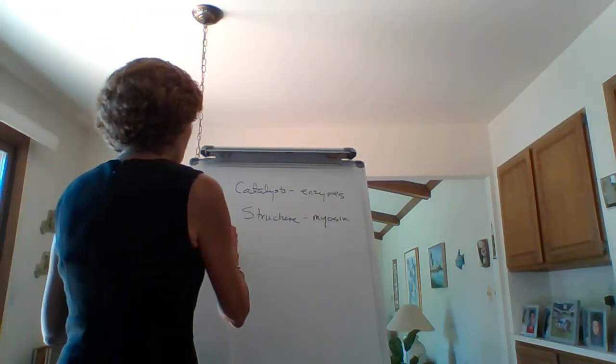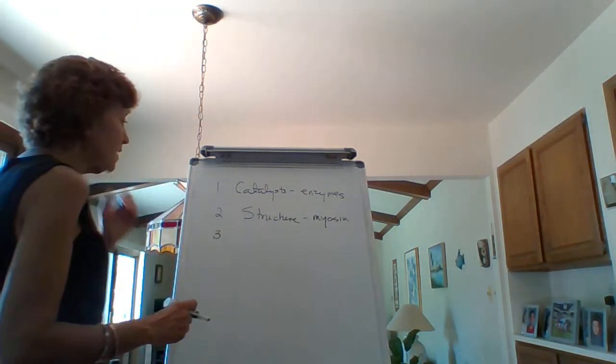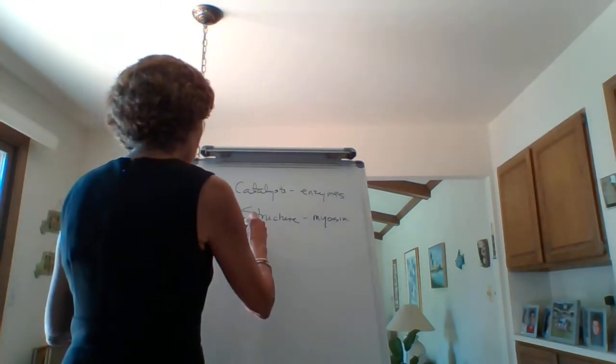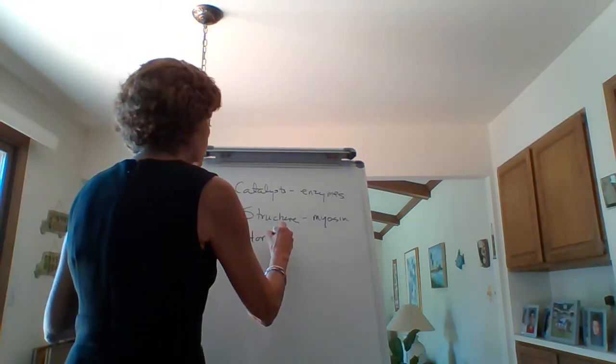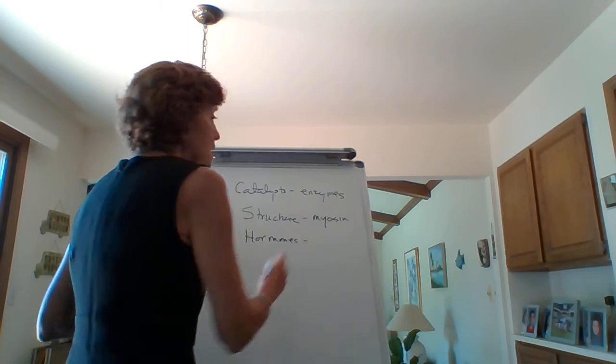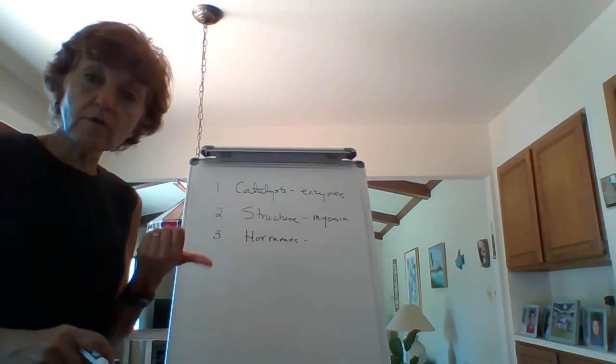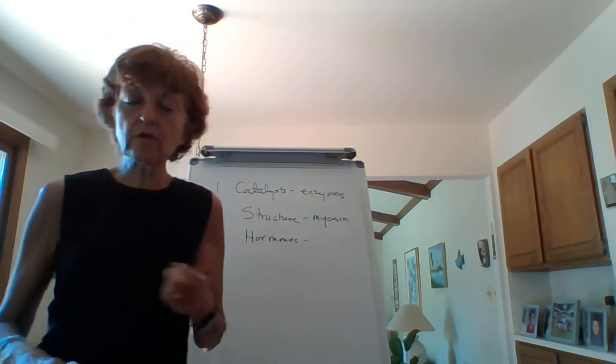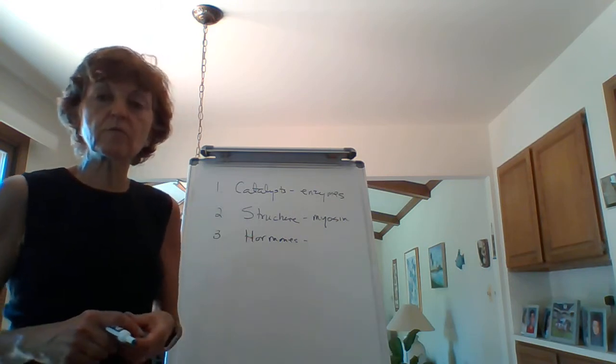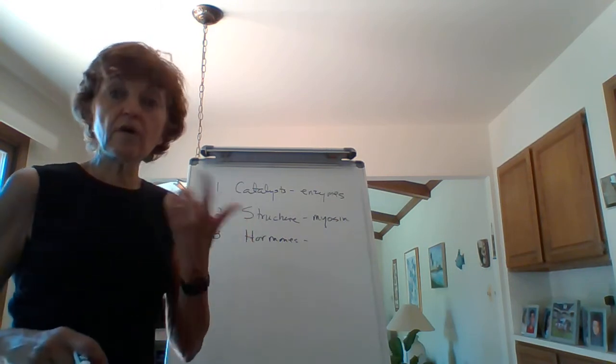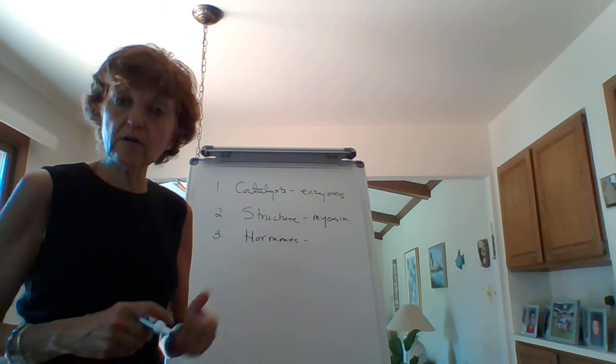All right, number 3. Another really important thing that they will do are some proteins can act as hormones. A hormone, remember we saw hormones in the lipid chapter, the steroid hormones, the sex hormones. Well, there are hormones that are not lipids. There are hormones that are proteins.